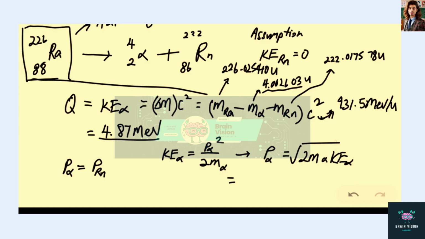To make the atomic mass into a more convenient form, we multiply it by 931.5 MeV per c squared per U. So one atomic mass unit is equivalent to 931.5 MeV per c squared.